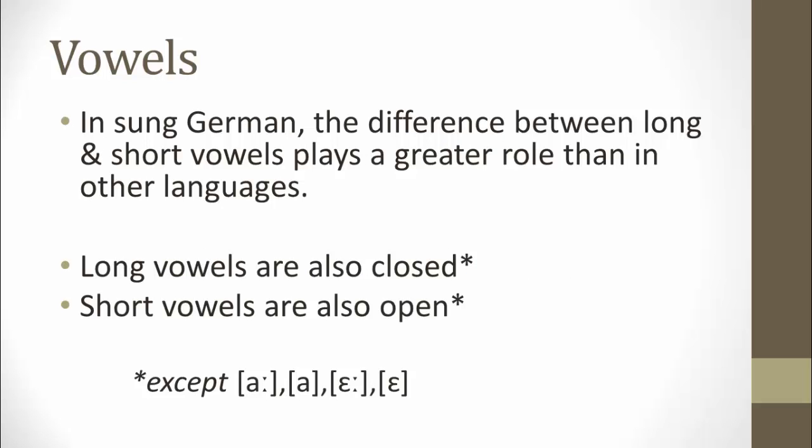And in sung German, the difference between long and short vowels plays a greater role than in other languages, and also than in spoken German. And in general, long vowels are also closed, and short vowels are also open.